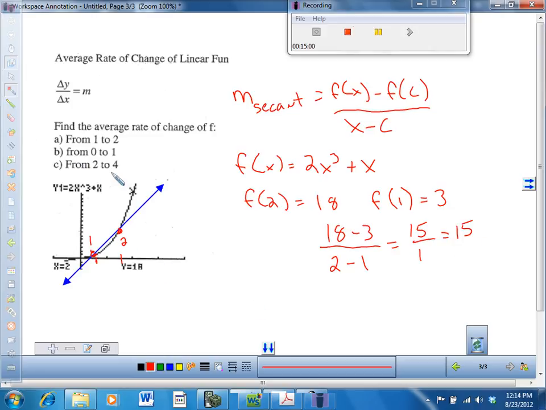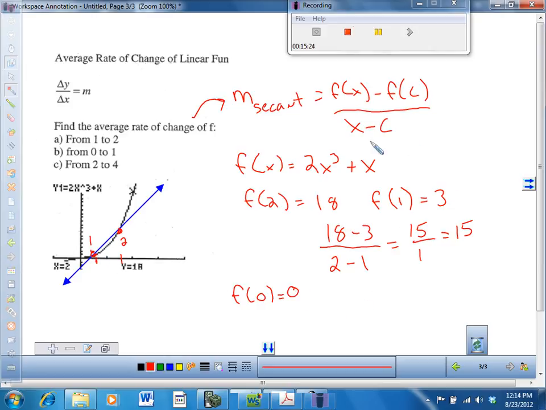Now, say I want to find the slope from 0 to 1. So let's do that really quick. The slope, the average rate of change, which is also equal to the slope of the secant line, in other words, the slope of this curve right there. So f of 0 is just what? What's f of 0? 0. And we already know f of 1, because f of 1 is 3.